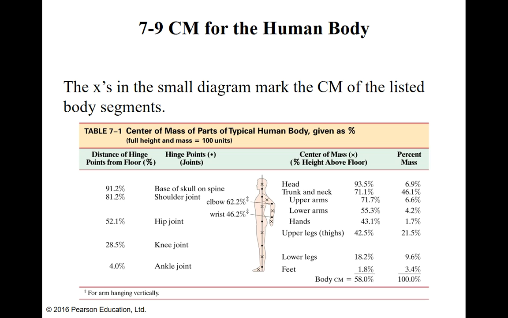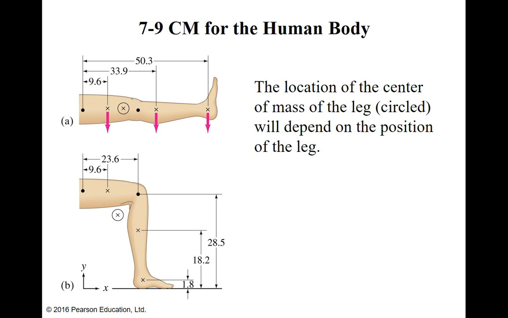So your textbook gives you the center of mass of parts of typical human bodies as a percentage of the mass of the object. Then we consider how the center of mass of parts of your body may change based on how your body changes. So we have the knee joint as a hinge.